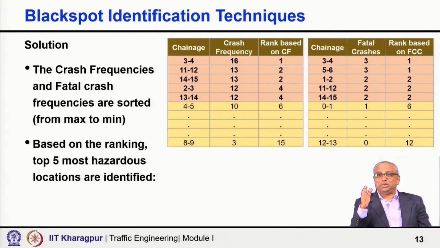A particular segment recorded the highest number of crashes and also the highest number of fatal crashes. That tells you that you must look into this, and you must consider this as a black spot.